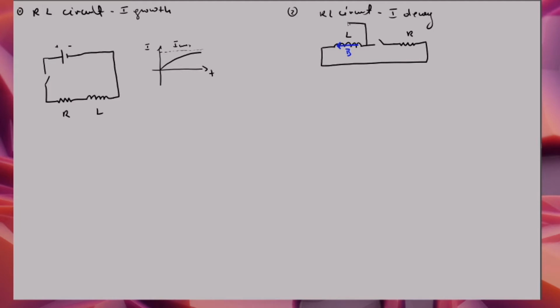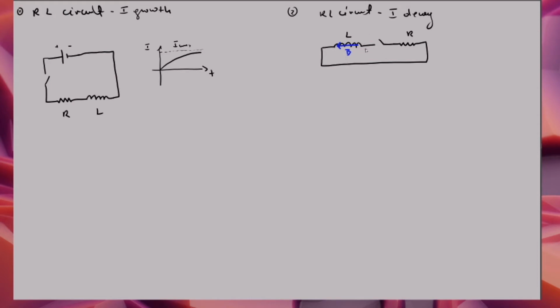Here's your battery, and you have a separate switch here, right? And when the switch is closed, the current here flows in this little circuit and it charges up this inductor, or it builds up the magnetic field in this inductor. And then you open this switch up. So effectively you remove this little circuit. And instead you close this switch here, and then you use up the magnetic field that is here.